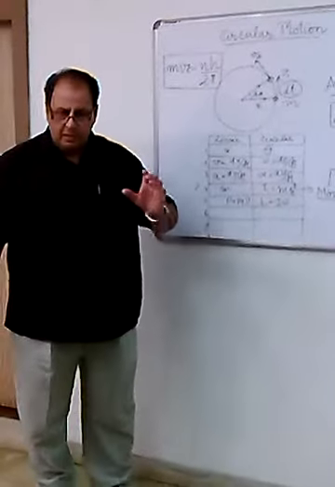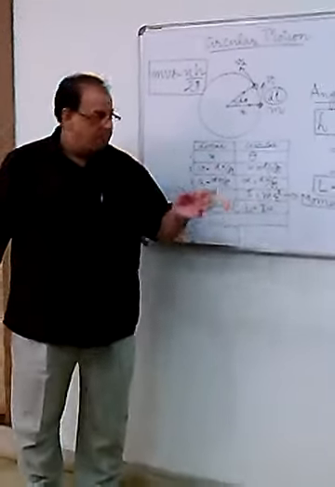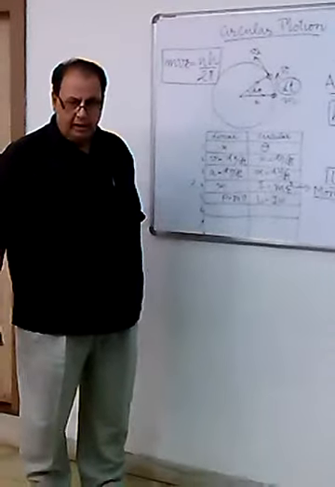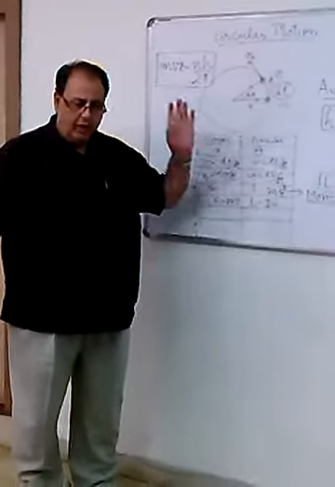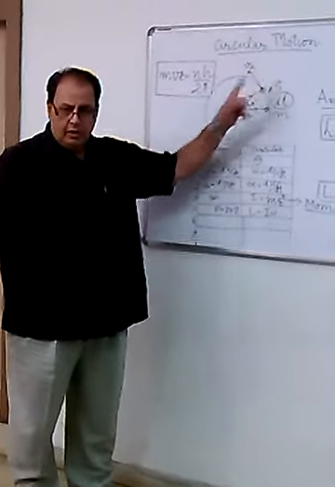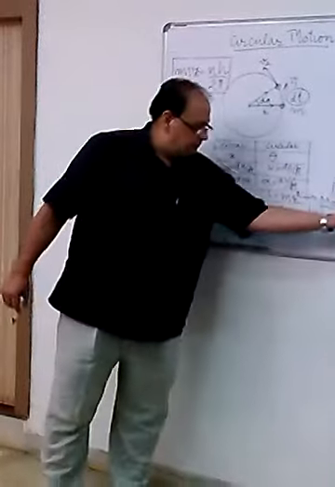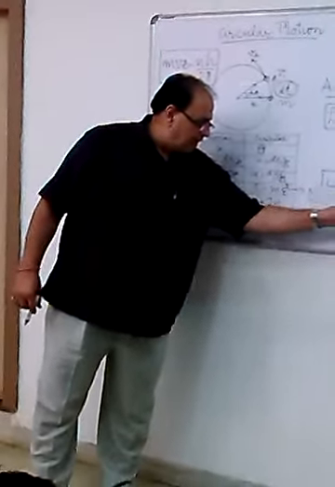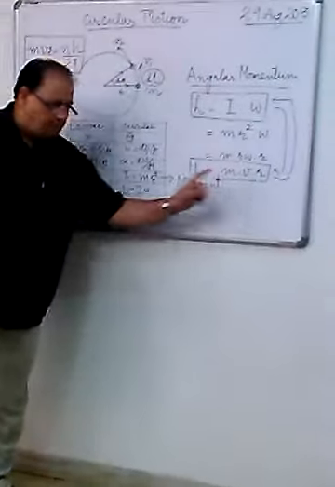If I ask you what is the angular momentum at this time? The linear momentum here is m v. When you multiply this by r, it becomes the moment of the linear momentum.